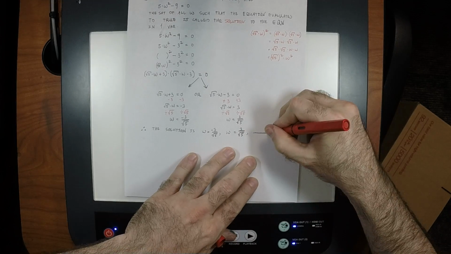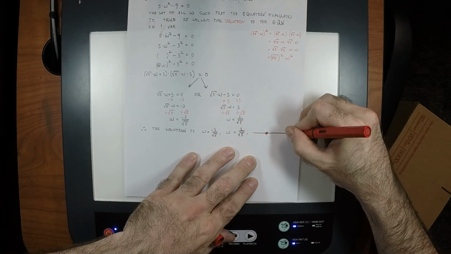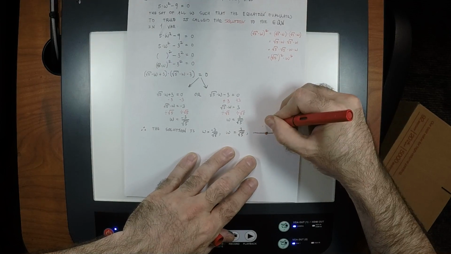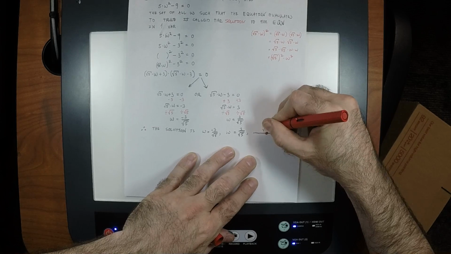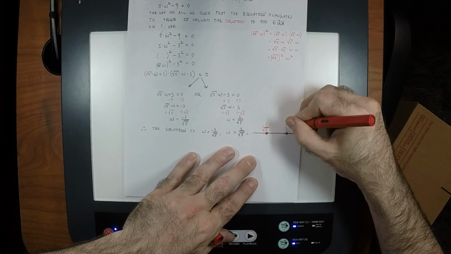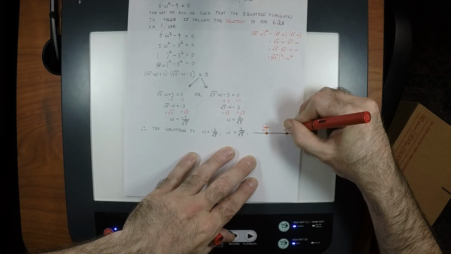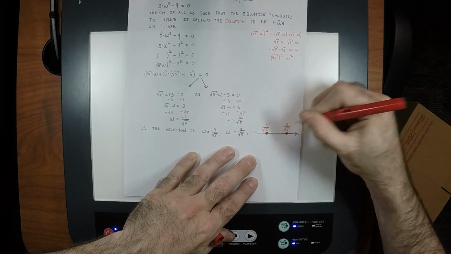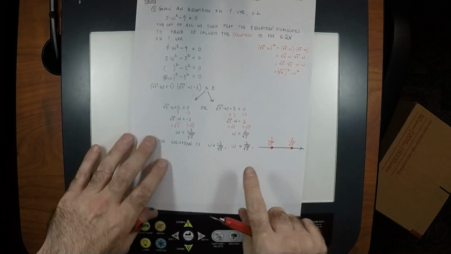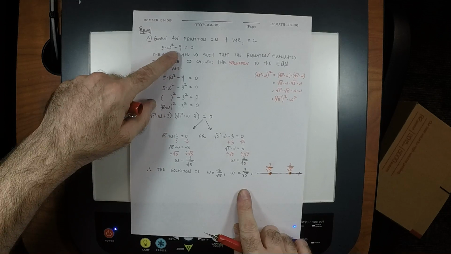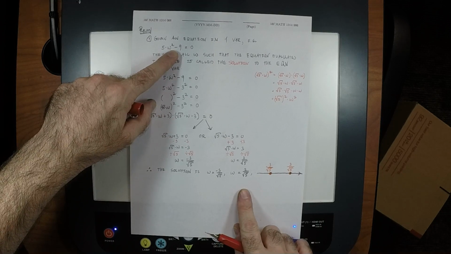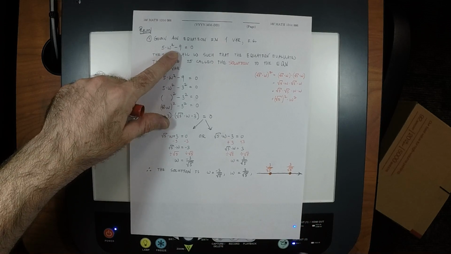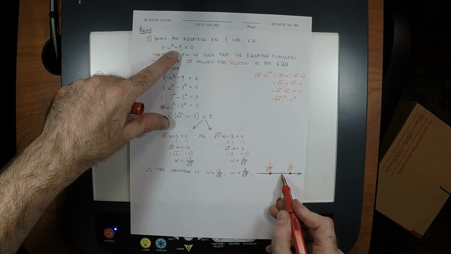And I'd fill them in solid there, that one, and then this would be negative 3 over the square root of 5, like that, and this one would be 3 over the square root of 5. And then now visually I could ask, concerning this equation right there, 5w squared minus 9 equals 0, what if I plug in that point? Would the equation be false or true?